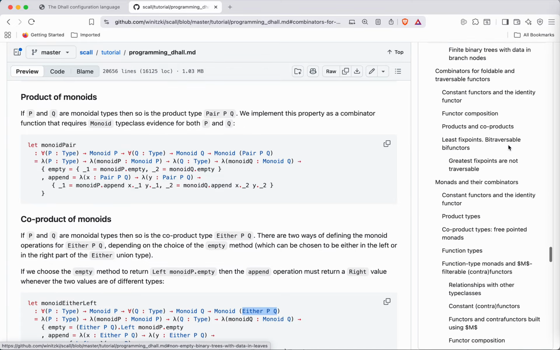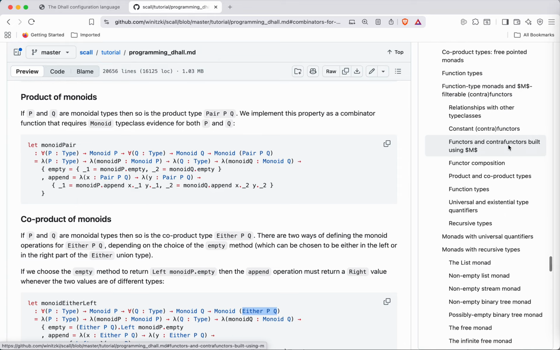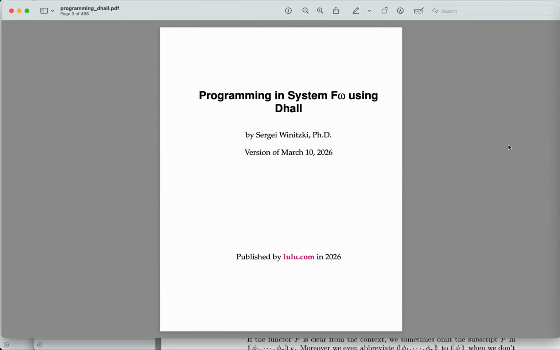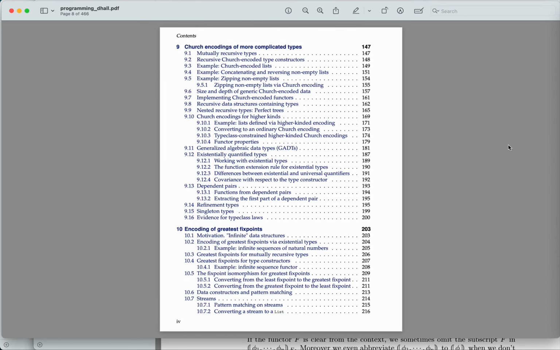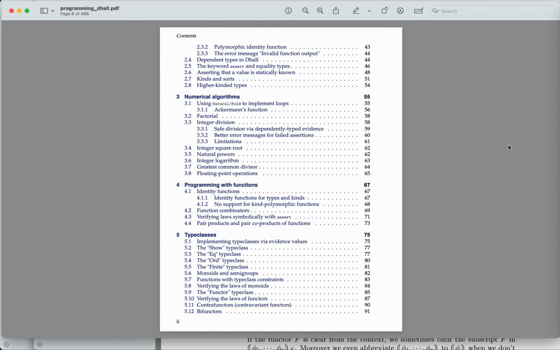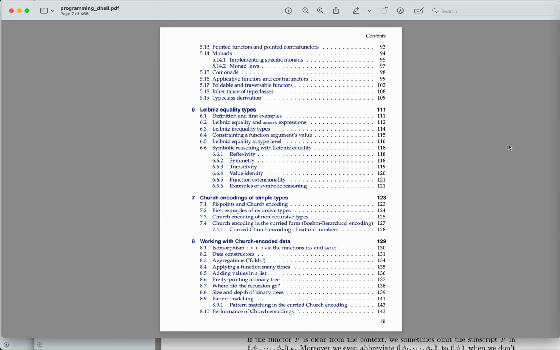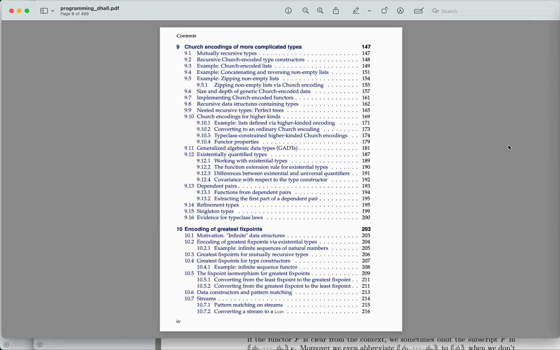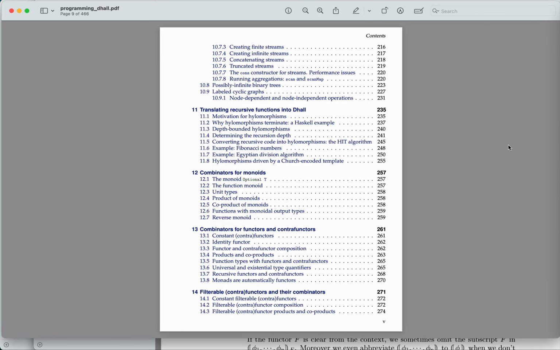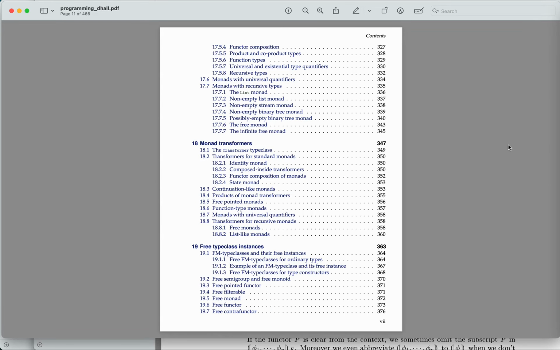So this goes on. Let me go to the PDF version and show you what it looks like in terms of its table of contents. So these are the initial chapters showing an overview, then it goes into church encoding, and then all these combinators. Monad transformers can be implemented as well.